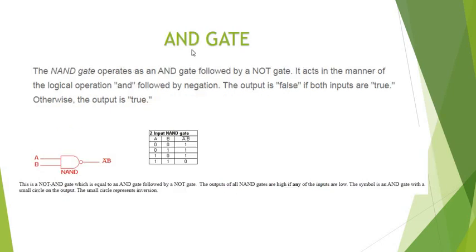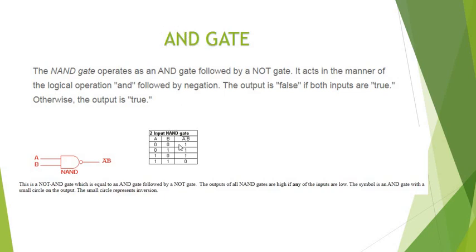Next is the NAND gate. As you are well aware, a NAND gate is a combination of AND and a NOT. It means it is not AND.